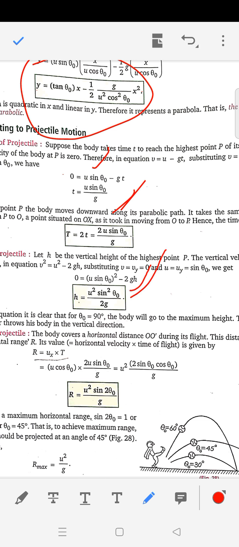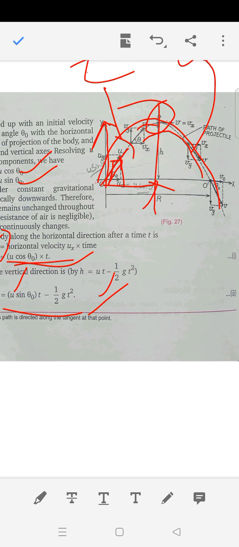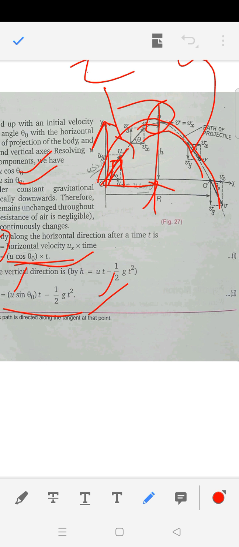Now, lastly, we reach what is called the range. This means where the particle was projected and where it landed. The particle was projected here and it landed here. So this is called the range.